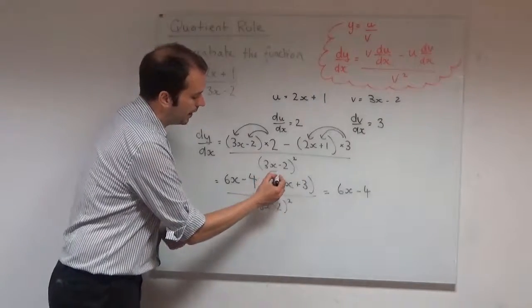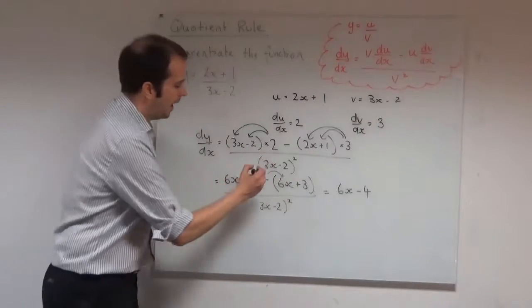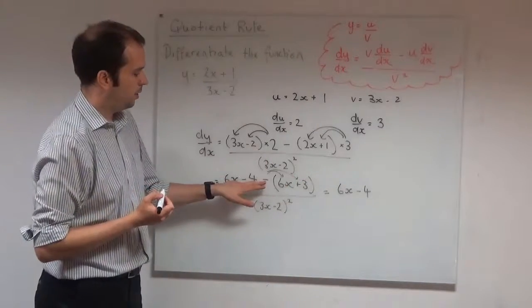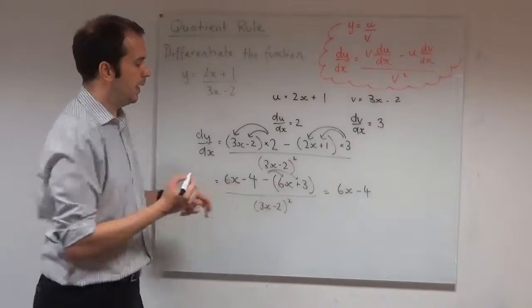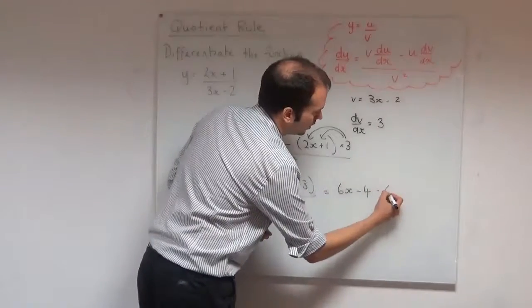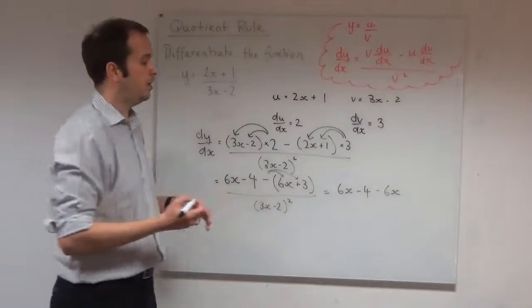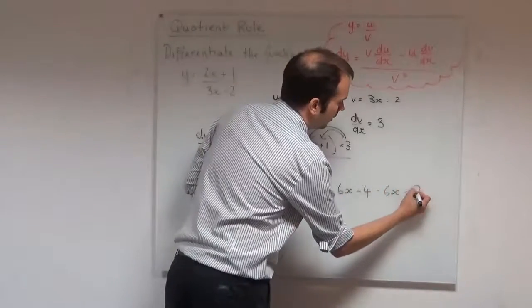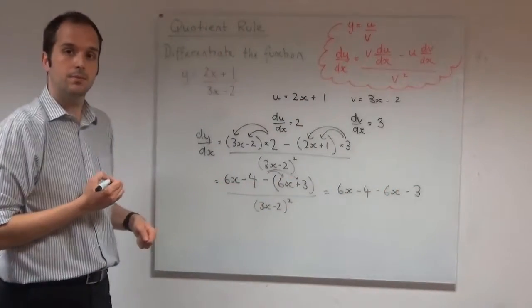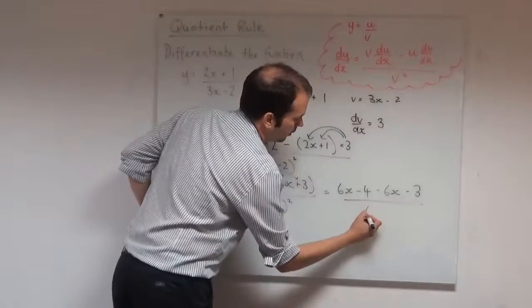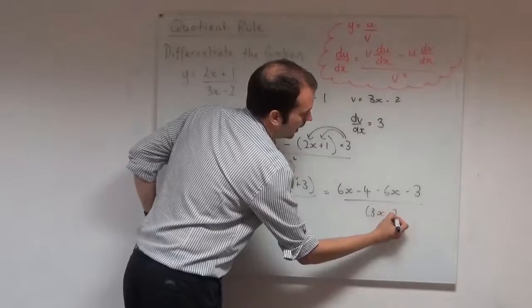So the minus sign is acting on the 6x and it's acting on the plus 3. So it'll be minus on the 6x, so that'll give us a minus 6x. And then the minus is acting on the plus 3, so that will give us a minus 3, all over 3x minus 2 squared.